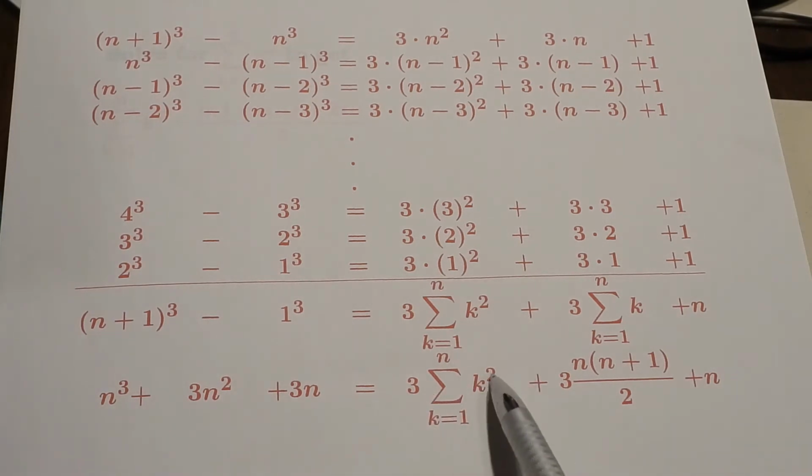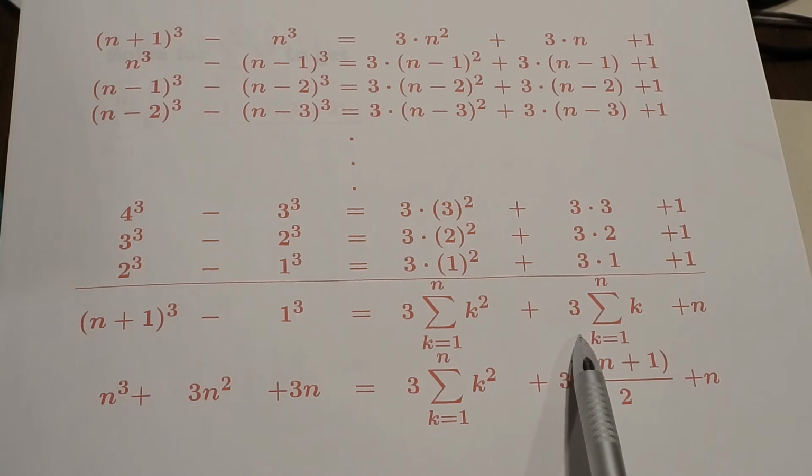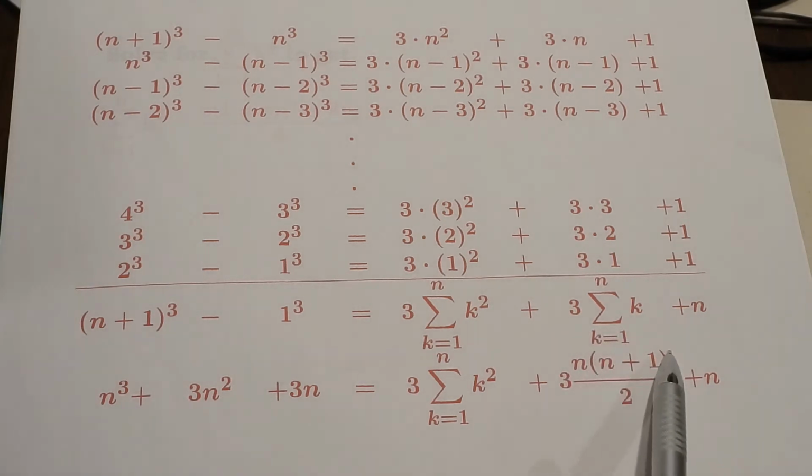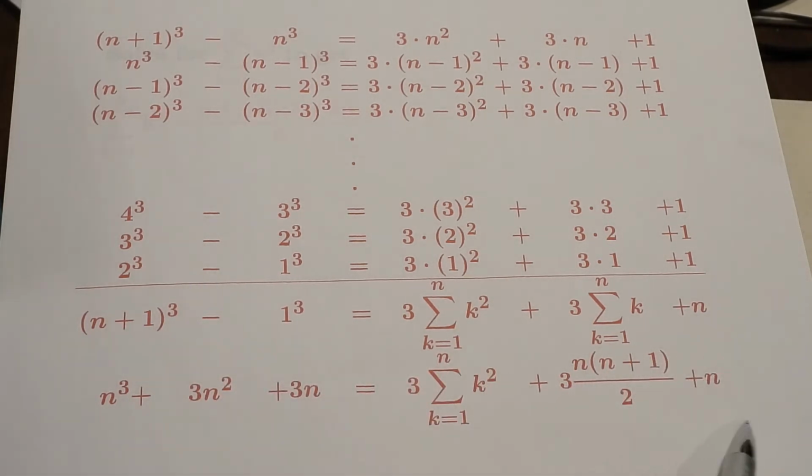Now, this one remains here, but this one we studied the formula from the last lecture already, so you can replace. Sigma k was what? n times (n plus 1) divided by 2. Now you look at here. Only sigma k squared is an unknown value.